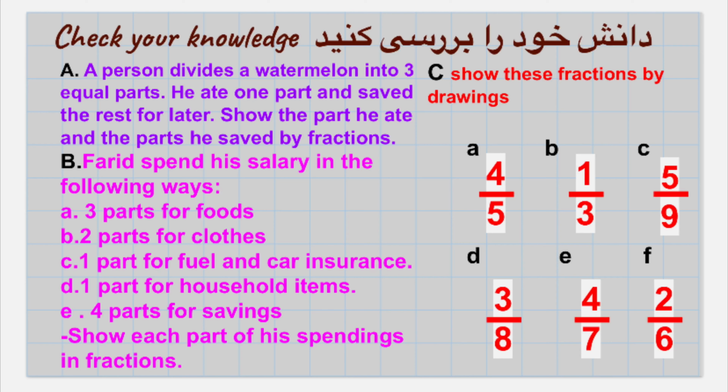The second group of questions is about Farid's salary, which he divided into different parts. You show those parts in fractions. And the third group of questions, which is group C, shows those fractions, those numbers, by drawing. In drawings, show them.